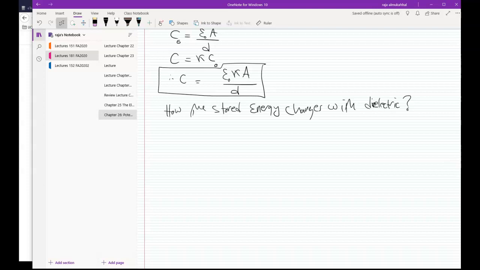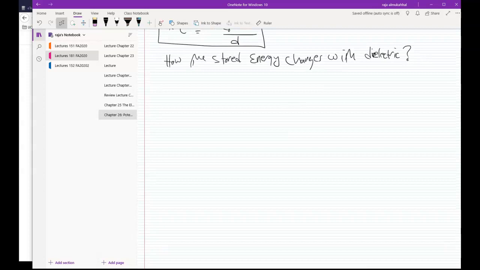Okay, here's how it works. Let's suppose that I have a parallel plate capacitor that is vacuum filled. There is no dielectric in it yet. So I'm going to call it U naught, and in this case, the stored energy will be 1/2 C naught V naught squared. Correct?